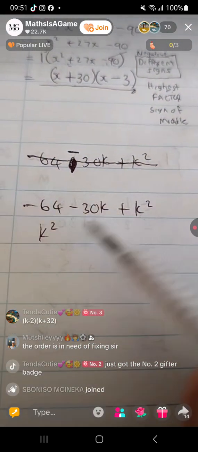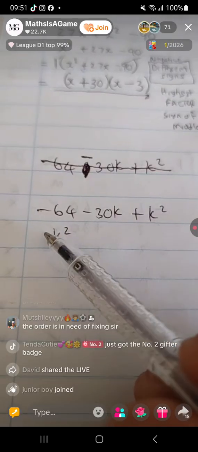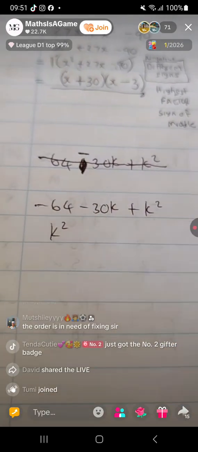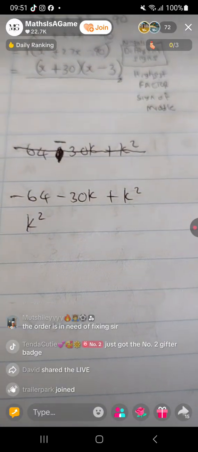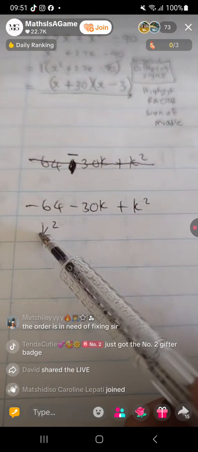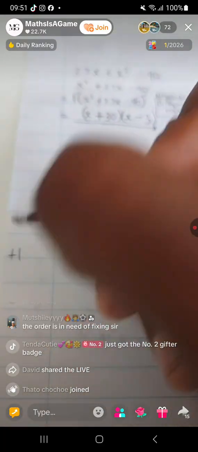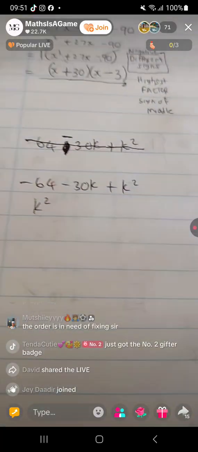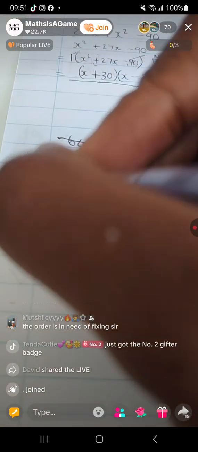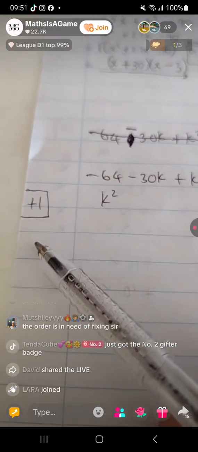The k squared is positive. So you can still see the k squared. Even though I didn't write plus here, we know that the positive is there, unseen. What is before k squared? It's plus 1. But you see, it does not even need to be written. Because it's like that, guys. Even with God, the positive all-knowing God is there, ever present.